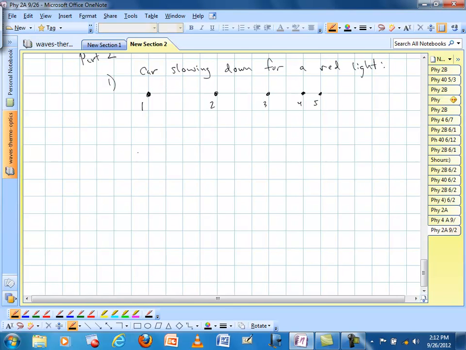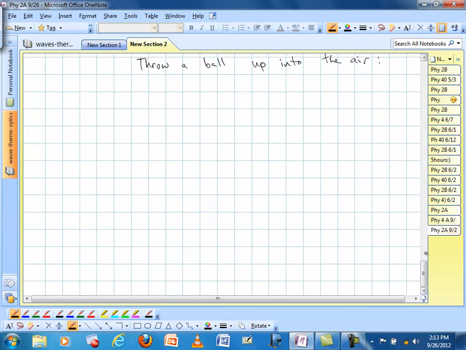Let's do throwing a ball straight up in the air. Something like that, right?